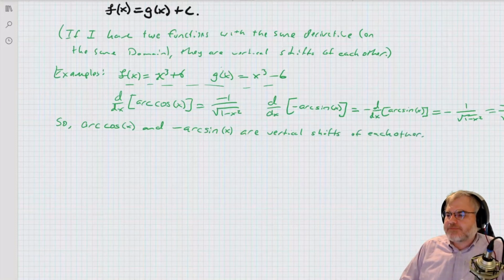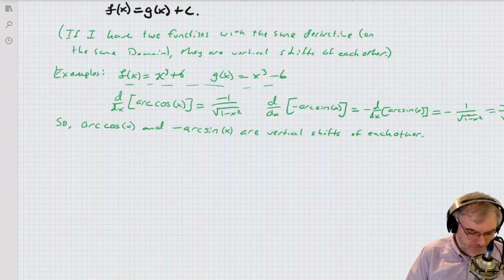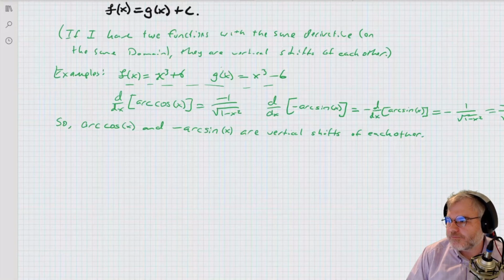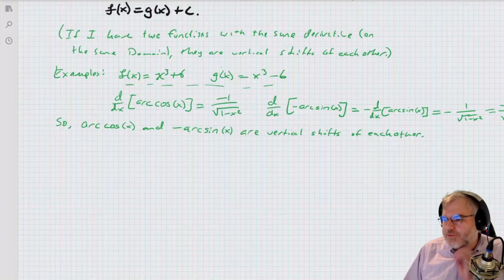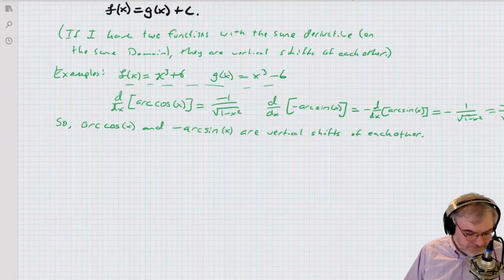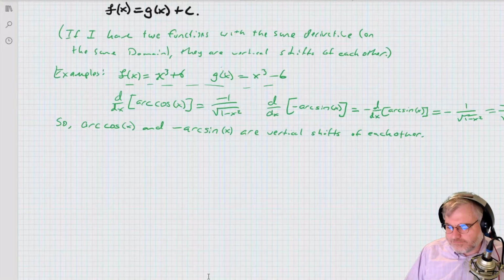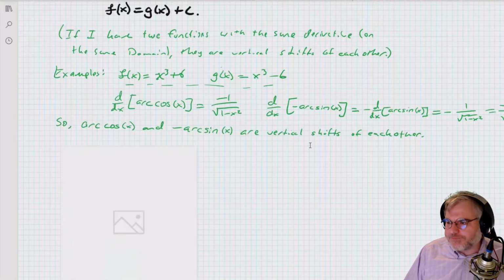Anyone know what the constant is? Constant, constant, constant. Anyone know? Anyone want to hazard a guess? Here are the two graphs.